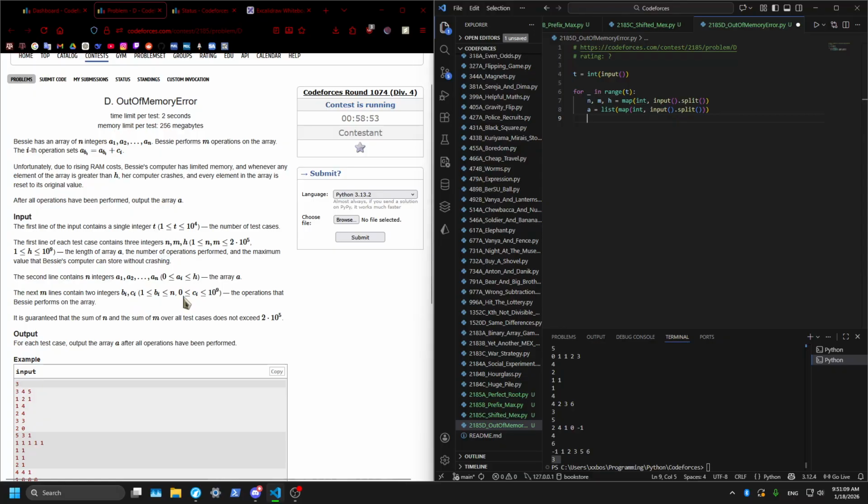Contains two integers, B and C, operations needed to perform. Why does this one have so much input? B, C. Wait, hold on.